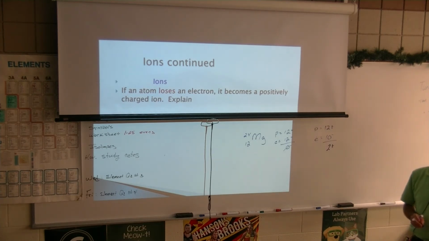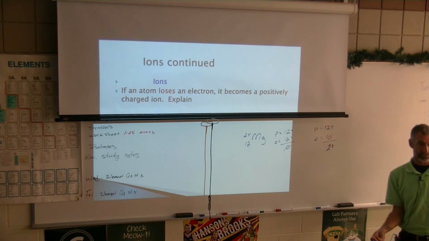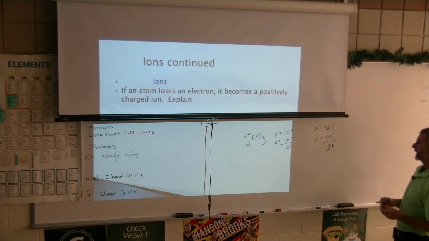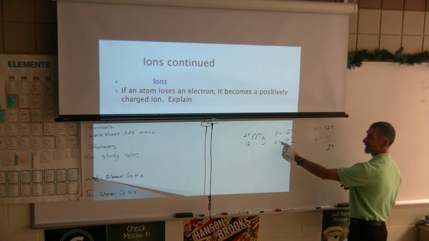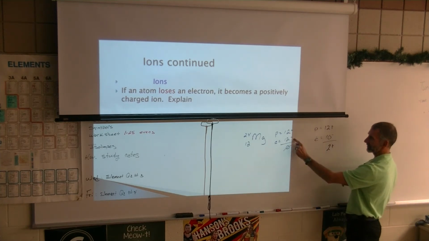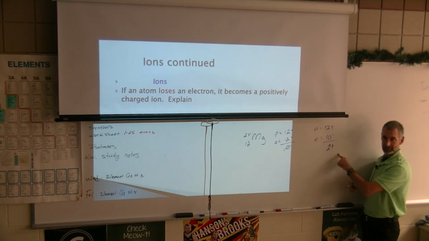So now we're losing, before we gained electrons and we became negative. Now we're losing electrons and we're going to become positive. Again, I take it back to attitudes, right? If I have a bad attitude, if I'm negative and I lose the attitude, I become positive, right? So if I lose my attitude, or some of it, my negative, right? If I lose some electrons, I become a positive ion.